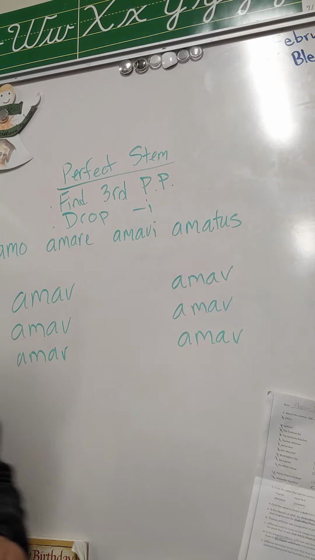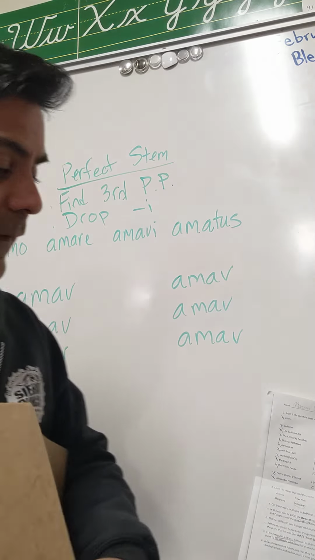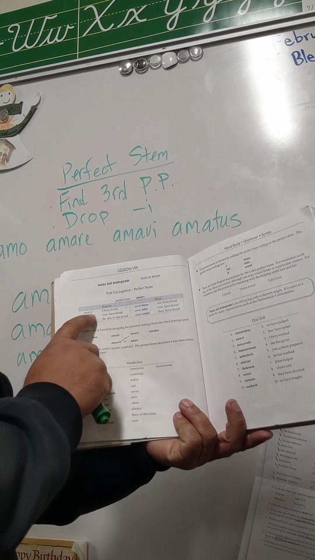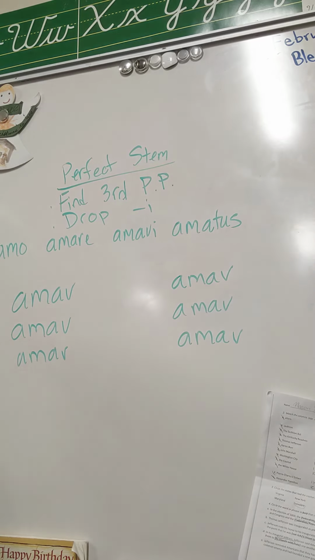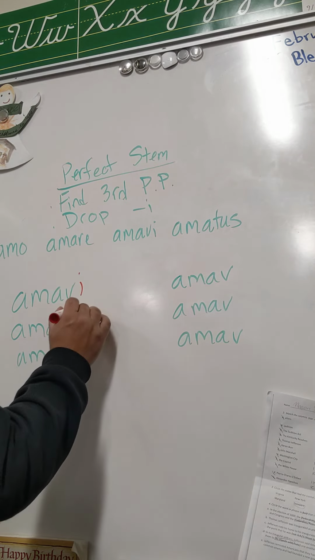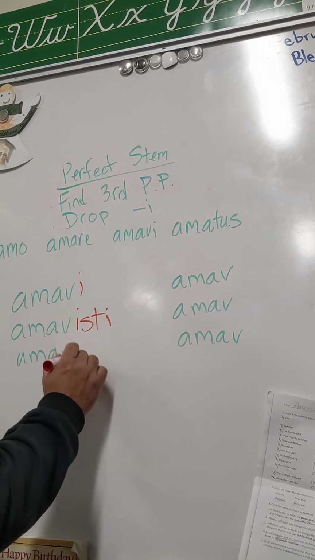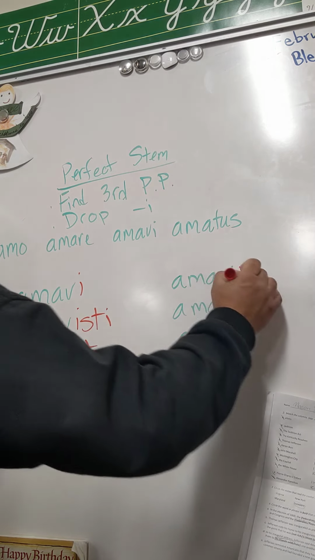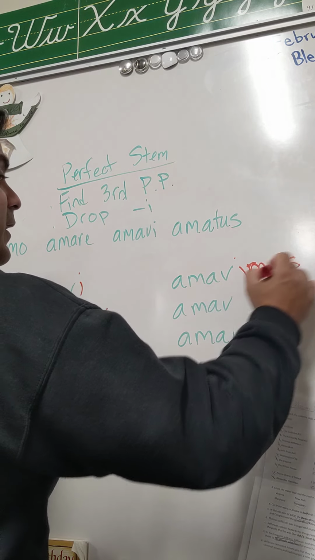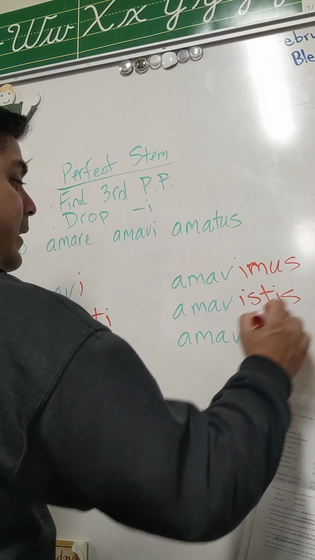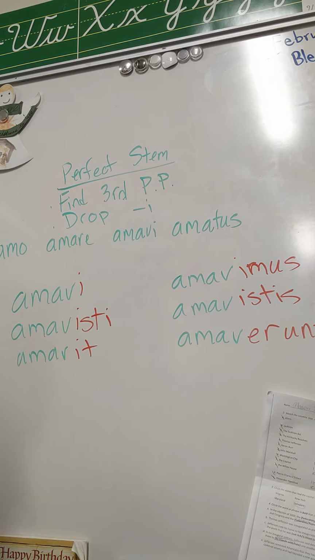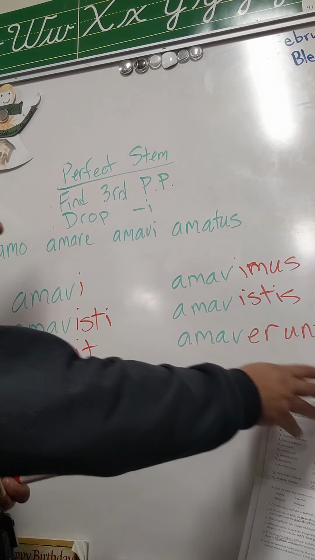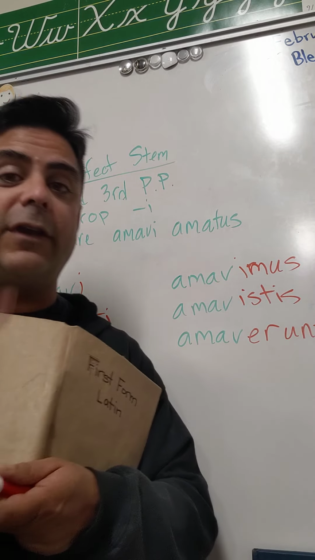And then I just add my perfect tense endings: i, isti, it, imus, istis, erunt. And of course, like all the others, you just have to memorize them. Chanting them is an easy way. I, isti, it, imus, istis, erunt.